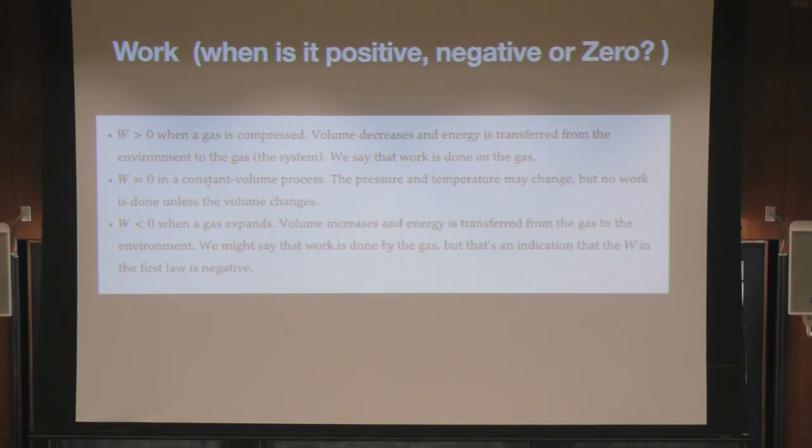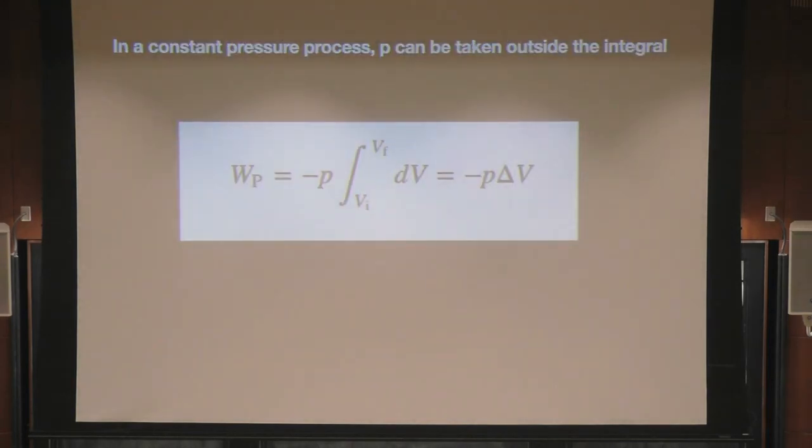And then it's 0 in a constant volume process. So the pressure and temperature can change, but no work can be done unless the volume changes. So if this height just stays the same the whole time, no change, no work is done. Okay, so then in a constant pressure process, which we often have, we can take P outside the integral, and we just have the integral of dV.